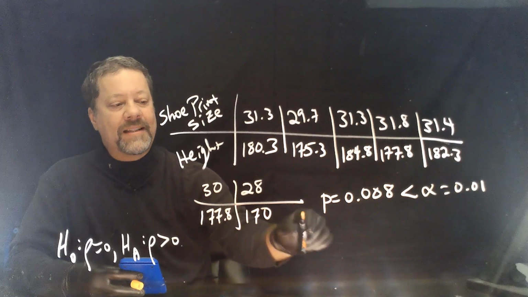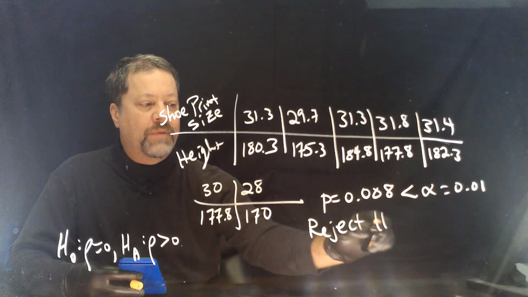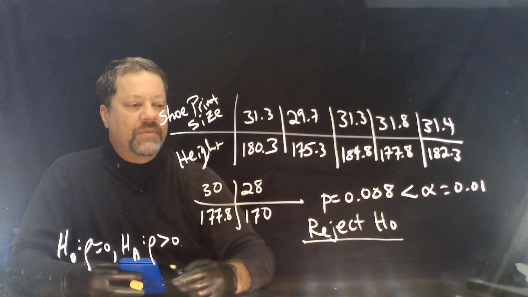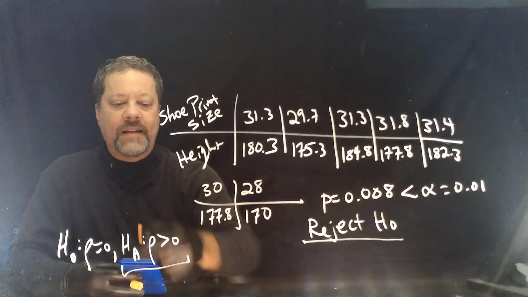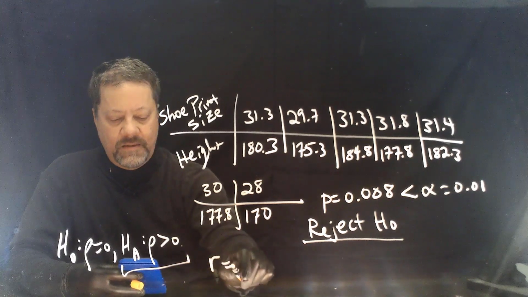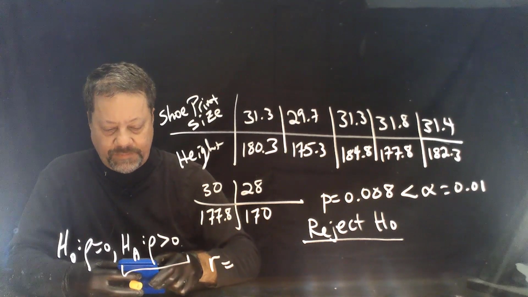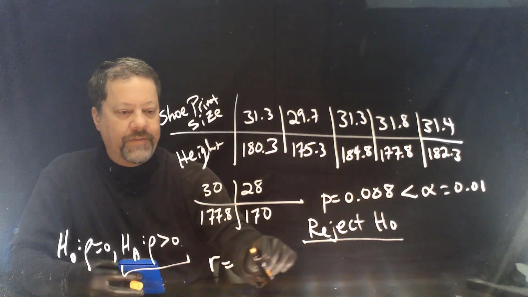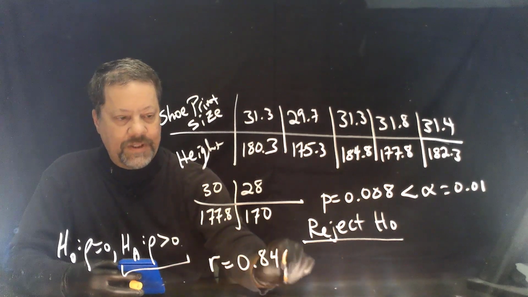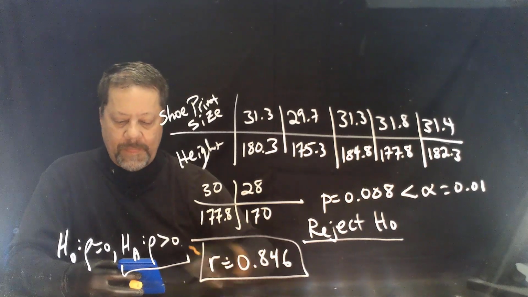And so in this case, with this new data, we'll reject the null hypothesis that the correlation is 0 and accept then that the correlation is positive. The correlation value, the correlation coefficient, at the very bottom here is 0.846, rounded to 3 decimal places.